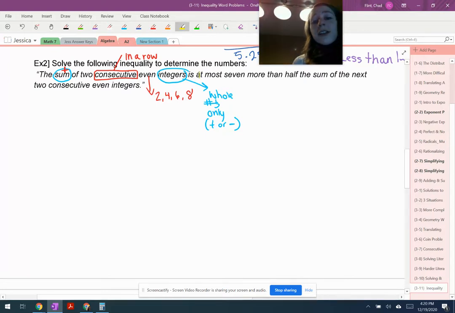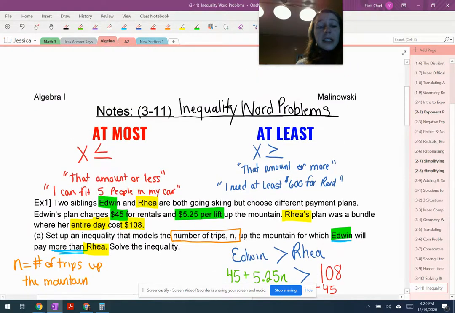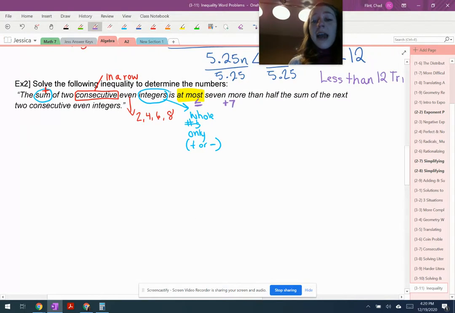We just learned at most tells us about the inequality less than or equal to, because if I can fit at most that many people in my car, it means that many or less. 7 more than is a plus 7, add 7.